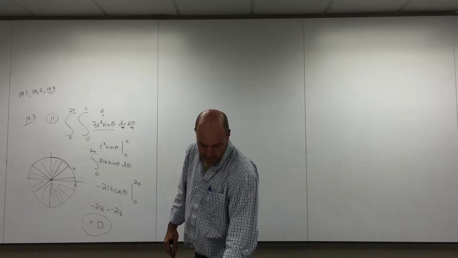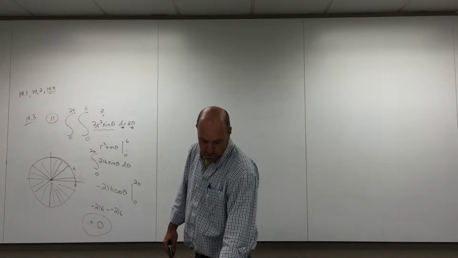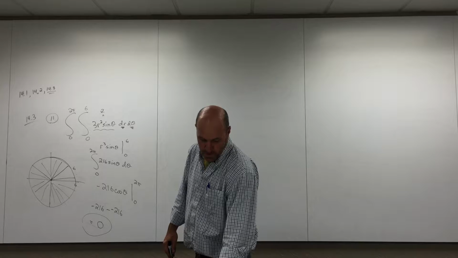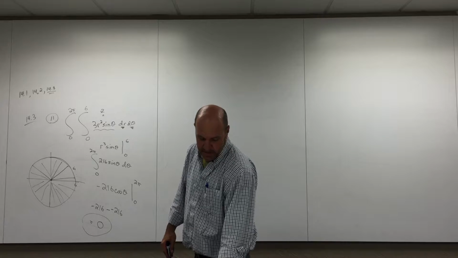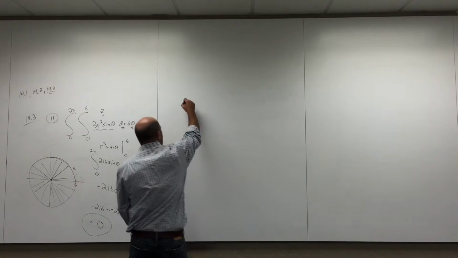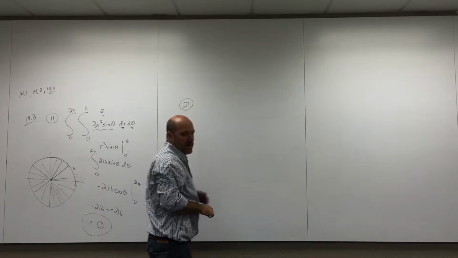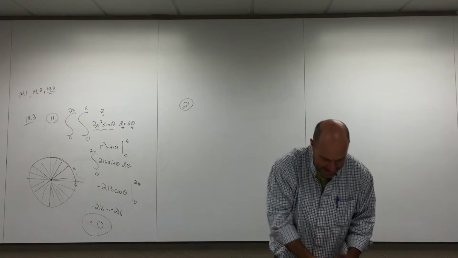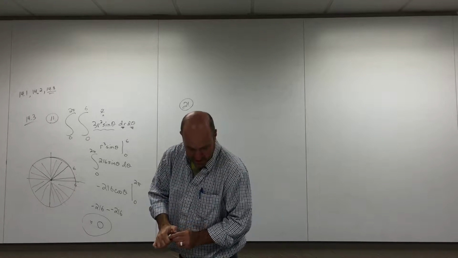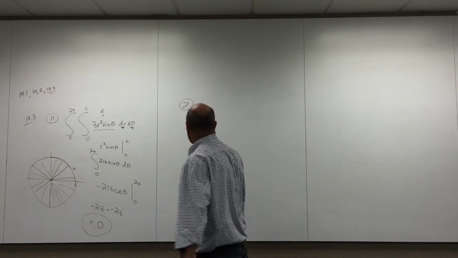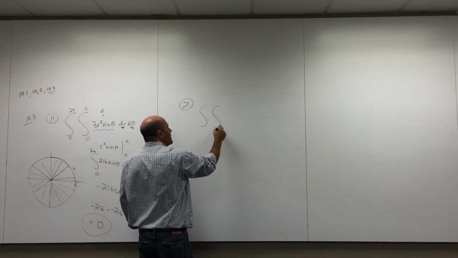Okay, let's do another one. I'm going to do this one, 21. So I'm in 14.3. 21. I like to do homework. 21 is 0 to 3, 0 to the square root of 9 minus x squared. Okay, it's a double integral.